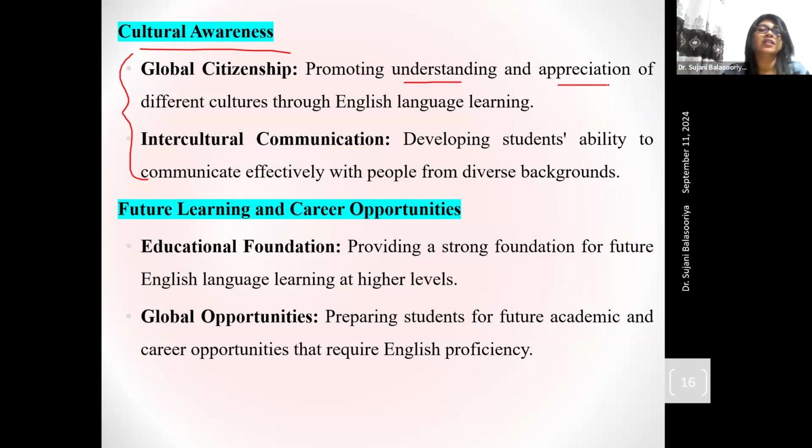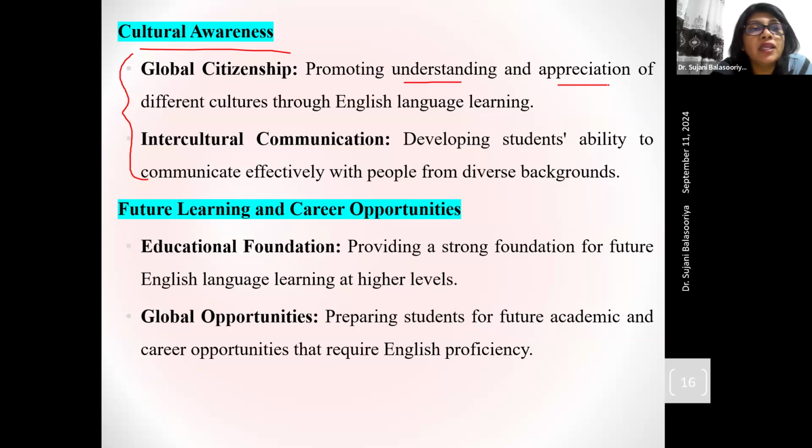With the learners. And global citizenship is promoting this kind of understanding and appreciation of different cultures through English language learning. So this can be done, right? The teacher can promote understanding and appreciation of other cultures, different cultures in teaching the English language, right?